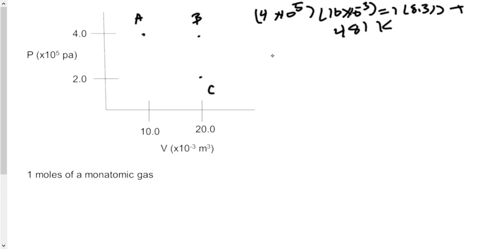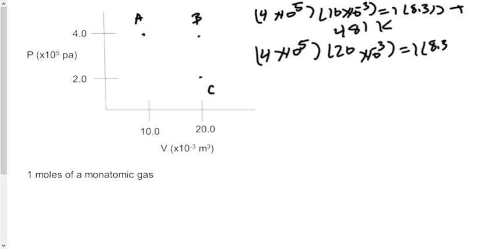Let's do likewise here. We have 4 times 10 to the 5th, and we'll multiply this by 20 times 10 to the minus 3 equals 1 times 8.31 times T. And that gives us 963 Kelvin.